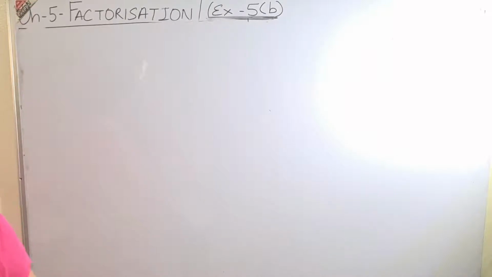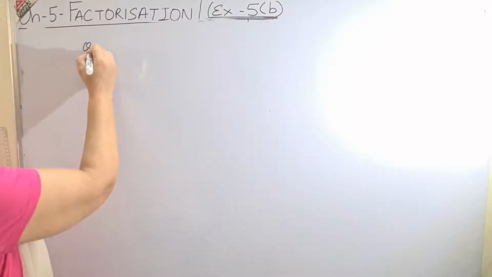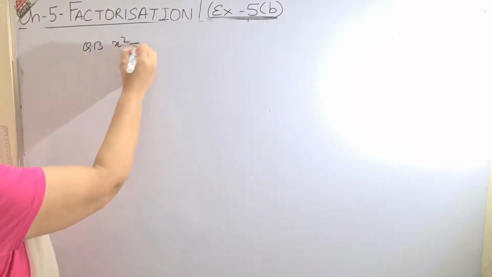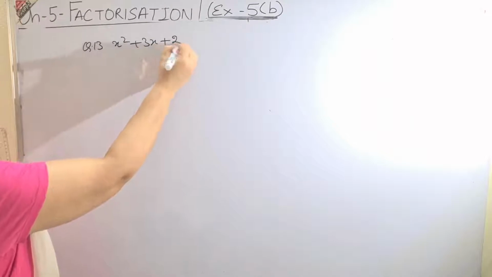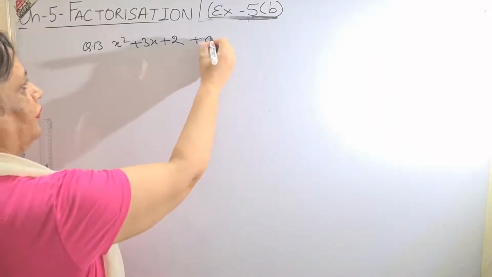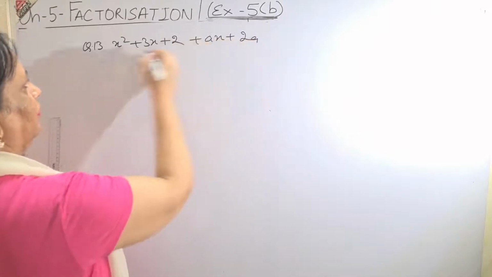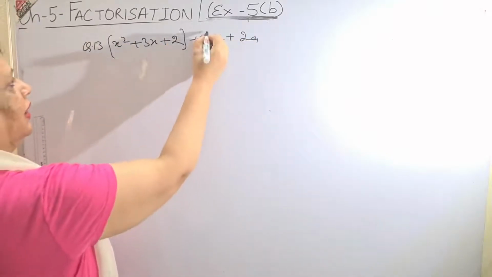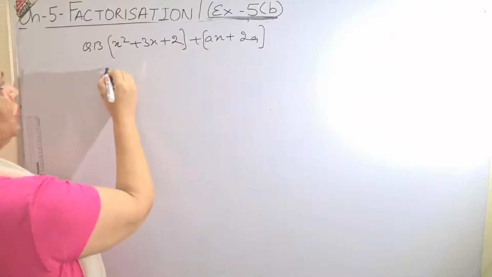Question number 13 I will do with you: x square plus 3x plus 2 plus ax plus 2a. So it's very simple again. Children, very simple. The first 3 you factorize and the last 2 you take common.